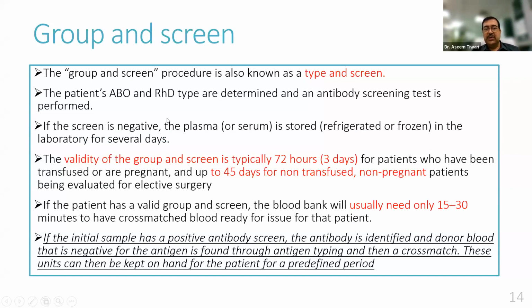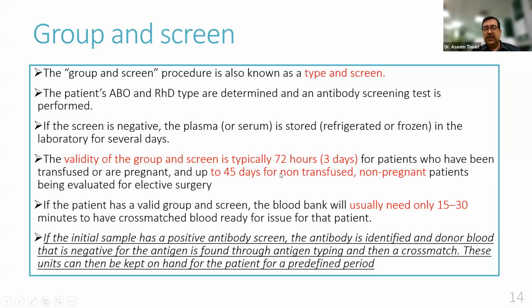So the ABO and RHD group is determined and the antibody screen is done. Thankfully, most patients are antibody negative, so there is a very small minority of patients who are positive. And you also get time, in case a patient is antibody positive, to find corresponding antigen negative blood for that patient before the blood is actually required in an operation theater or during the procedure.